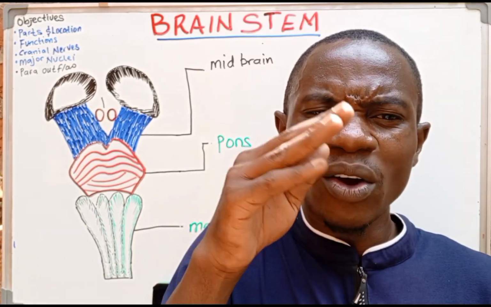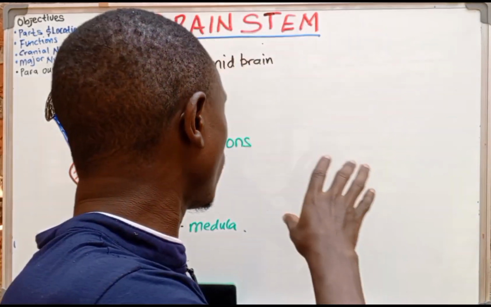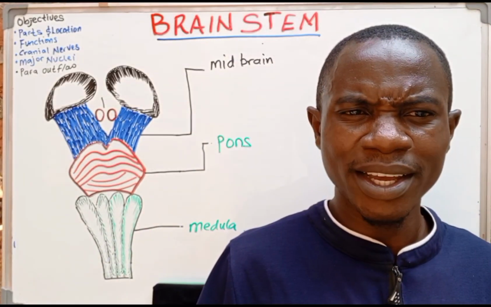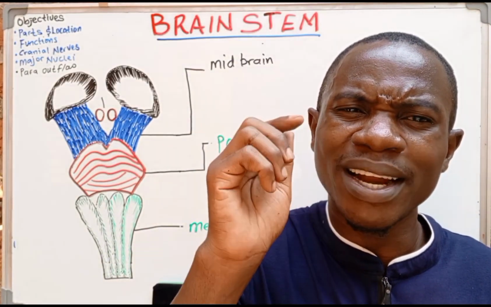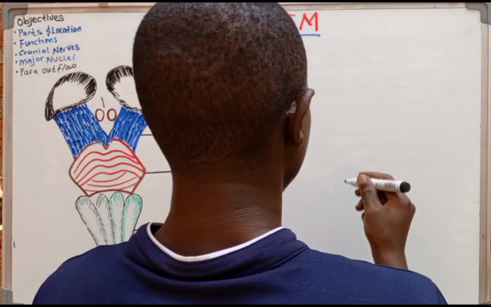Now, those ones which are coming from the cranial section are going to be exiting from the brainstem. So let's have a look and see some of those parasympathetic outflow from the brainstem.